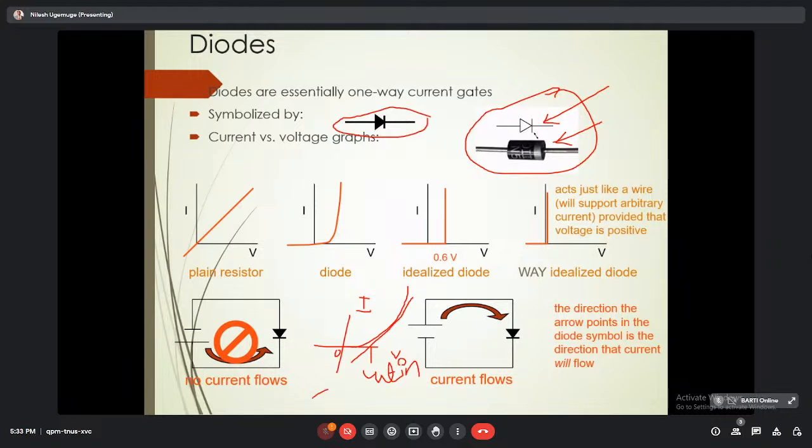If it is made up of silicon, then the approximate value of cut-in voltage is 0.7 volt. And if it is made up of germanium, then it is 0.3 volt. So in that way, we can have the cut-in voltage.